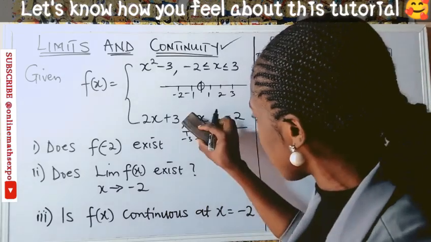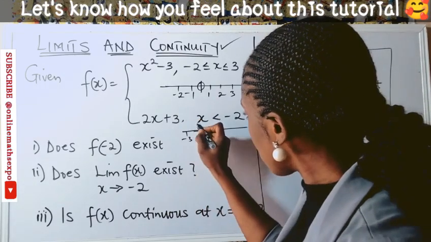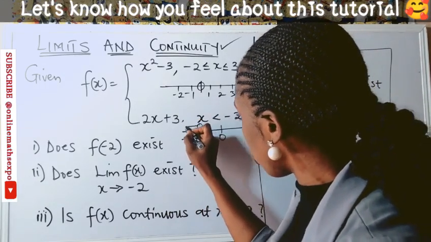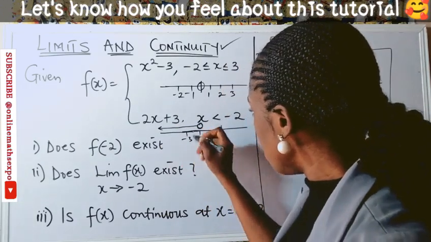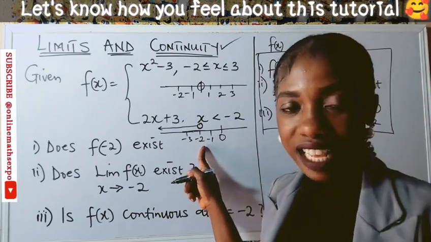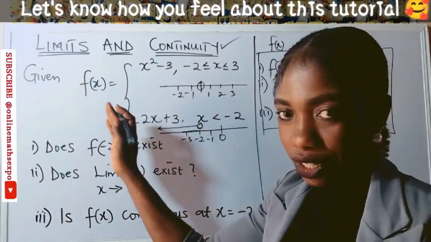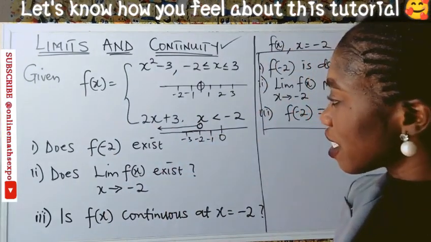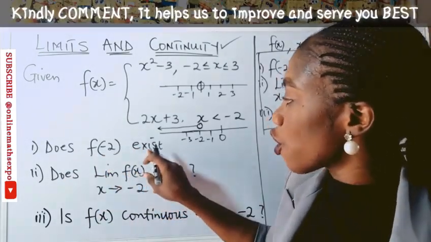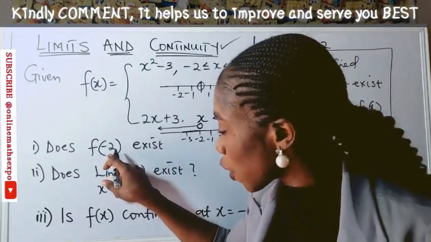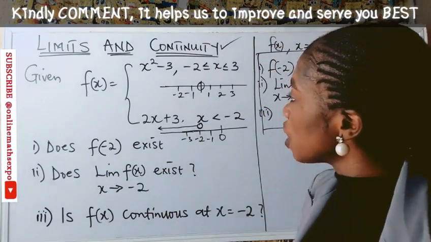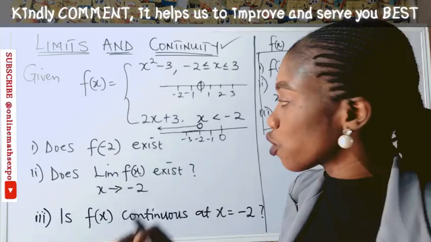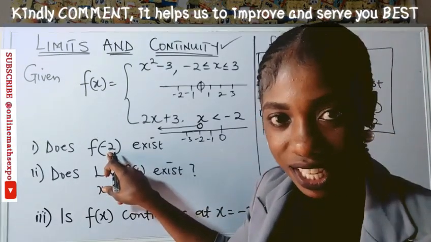Just watch how we represent such on the number line. You see? We are not going to include x at -2, but other numbers. Now the question is, does this particular function exist at x equal to -2? Which of these functions are we going to use to test for x equal to -2?